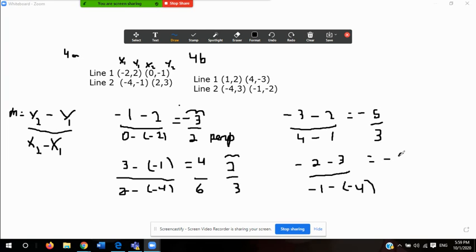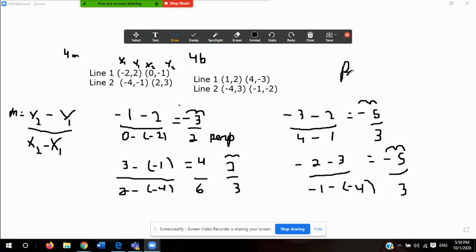So this would be negative 5. And negative 1 minus negative 4, I add that, and that would be negative 1 plus 4, which is positive 3. If I realize the slope in 4B, the slope is the same: negative 5/3 for line 1 and negative 5/3 for line 2, which means that these two lines are parallel.